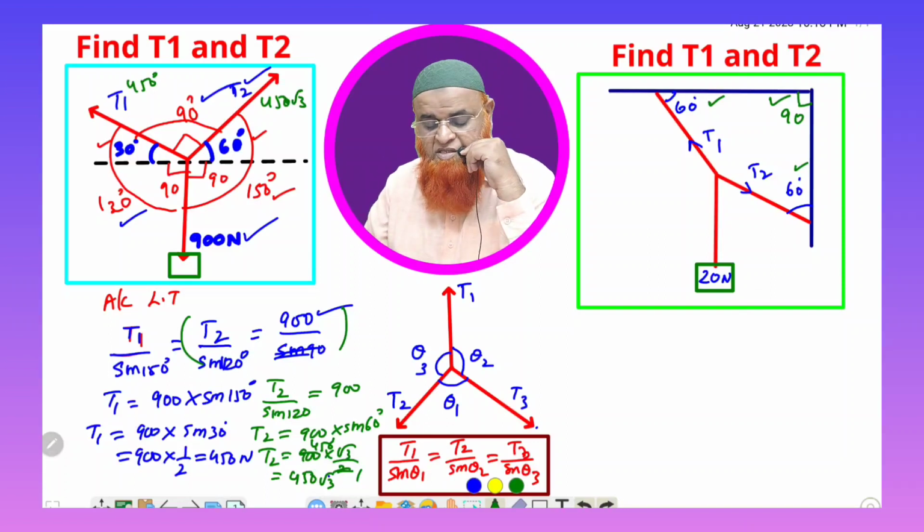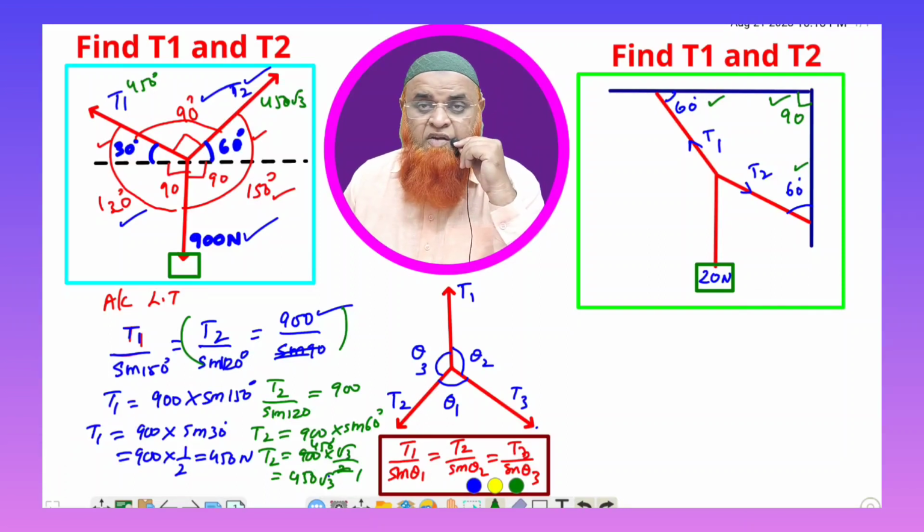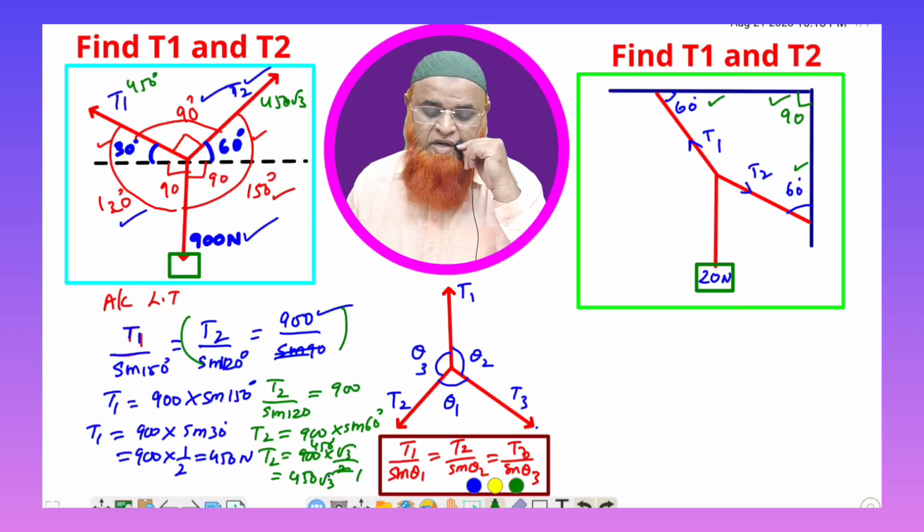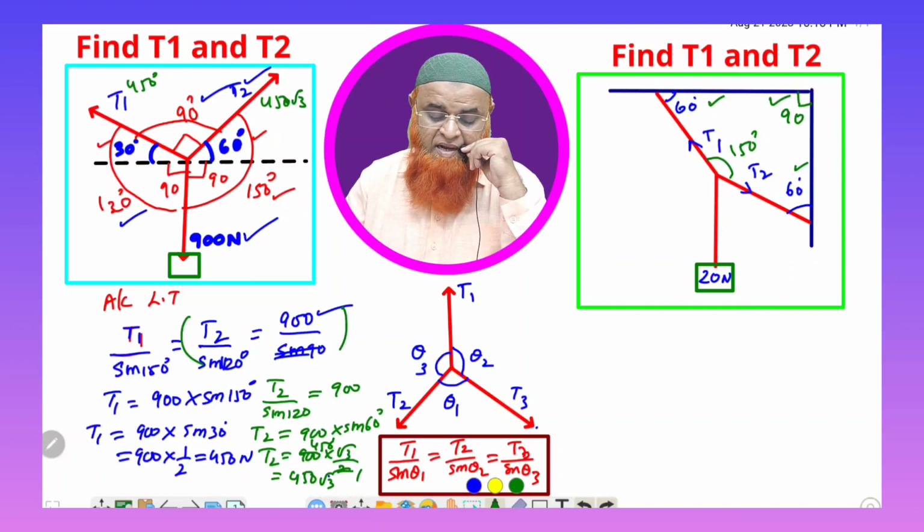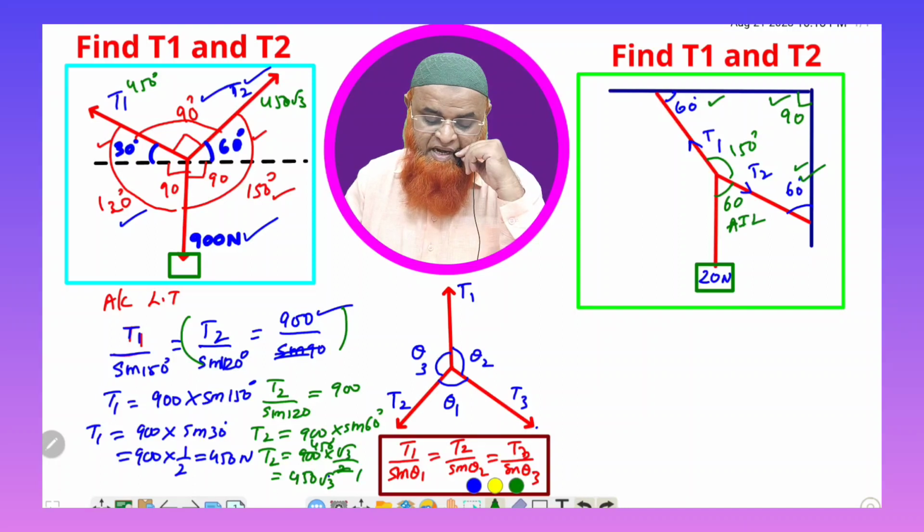So how much is it? 60, 60 is 120. 120 plus 90 is going to be 210 degrees. So the remaining is how much? 360 minus 210 is going to be 150 degrees. And the next angle we have to find out: this is already 60, this is also 60, because of alternate interior angles.